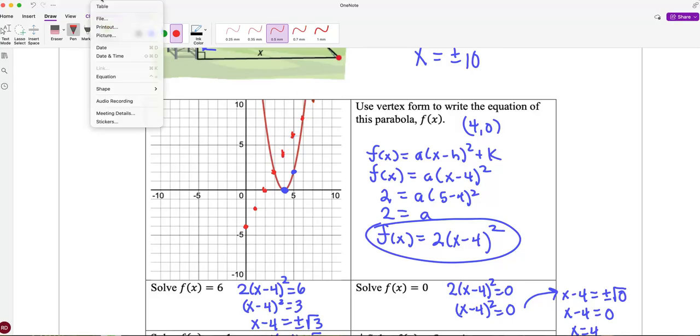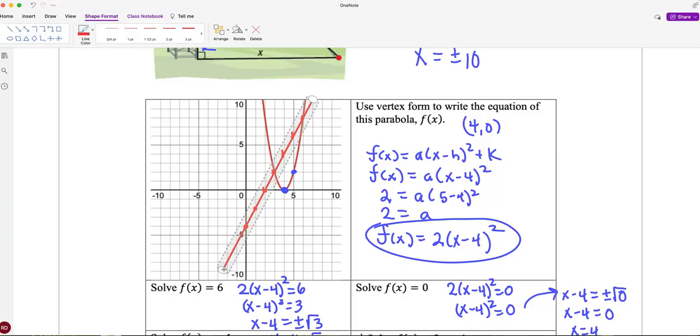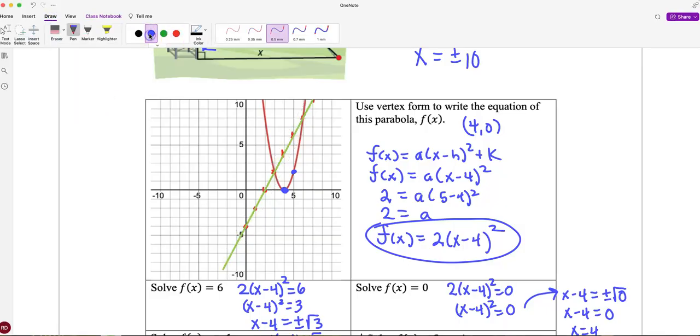So that's the line right there, 2x minus 4. So where does the parabola equal 2x minus 4? It looks like they intersect at 2 points right there. So there should be 2 values for x.